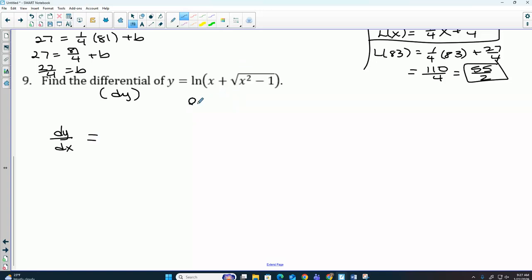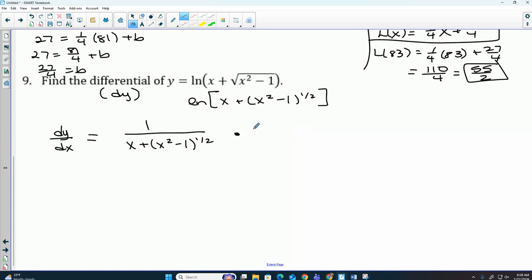We have a natural log of x plus the square root of x squared minus 1, to the 1/2. Alright, this one's just ugly because I didn't give you a very nice function. The derivative of a natural log is 1 over the argument. But we always have to apply chain rule, so times derivative of the inside.